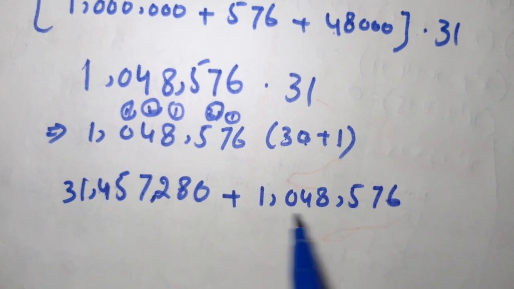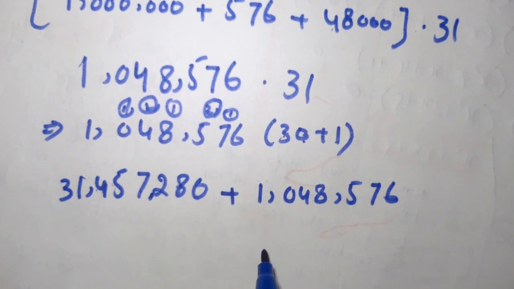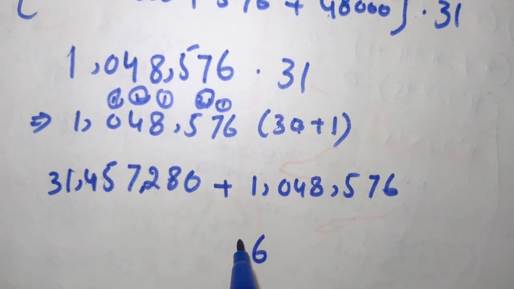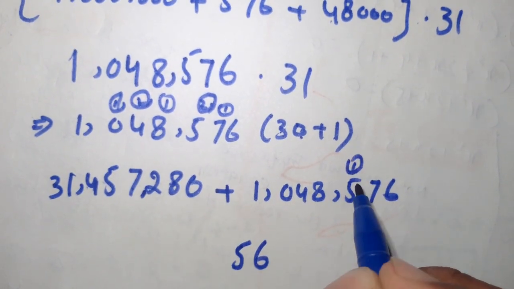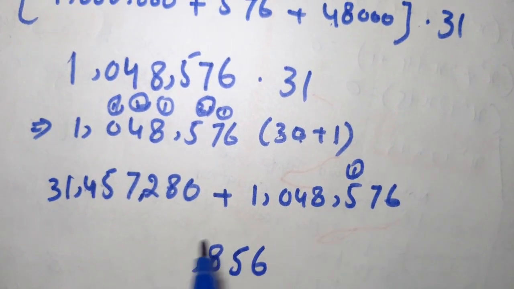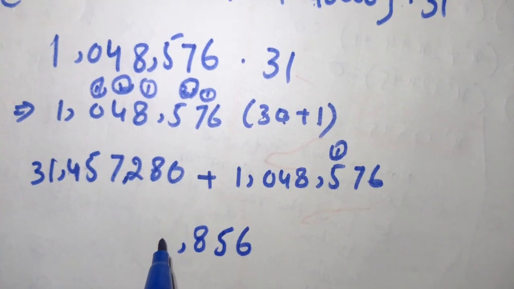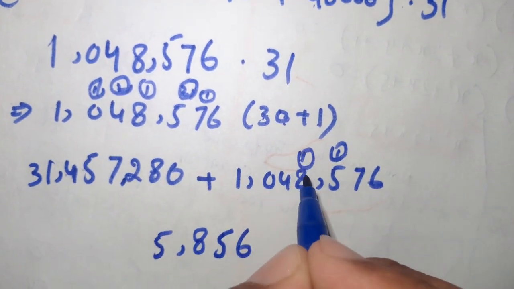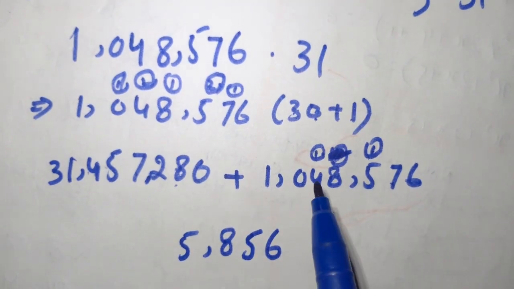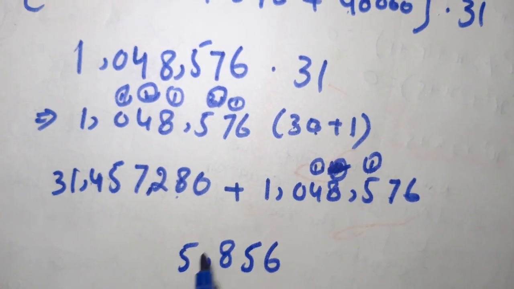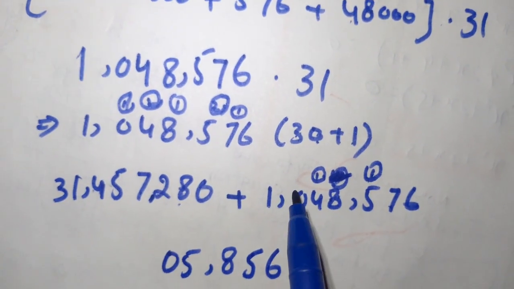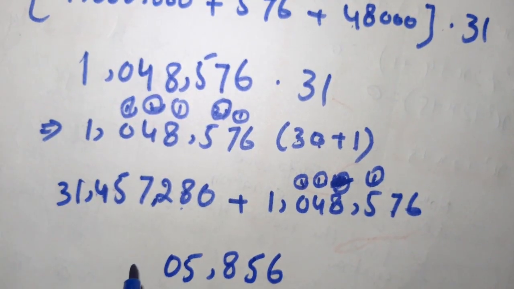Now we have to add this number. 6 plus 0 is equal to 6. 7 plus 8, this will become 15, carrying 1. 5 plus 1 is equal to 6, 7, 8. 8 plus 7 is equal to 15, carrying 1. 8 plus 1 is equal to 9. 9 here. 8 plus 7 is equal to 15, carrying 1 here. 4 plus 1 is equal to 5. 5 plus 5 is equal to 10, carrying 1 here. 1 plus 4 is equal to 5.